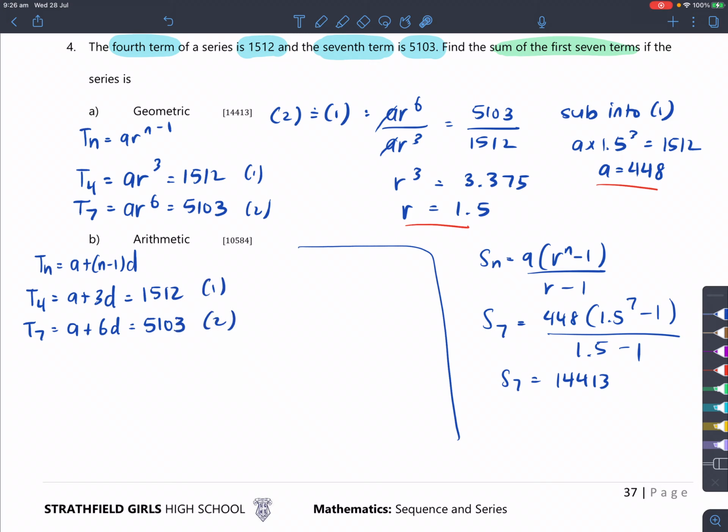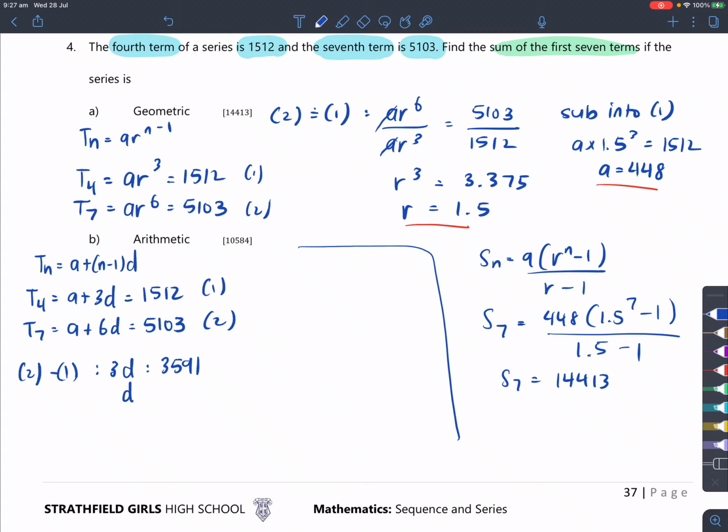But this time we're going to subtract 2 by 1. The effect of this is that we'll get the larger coefficient of d minus the lower one, whereas the A's will cancel. So we'll get 3d on the left side. 5103 minus 1512 on the right side gives you 3591.